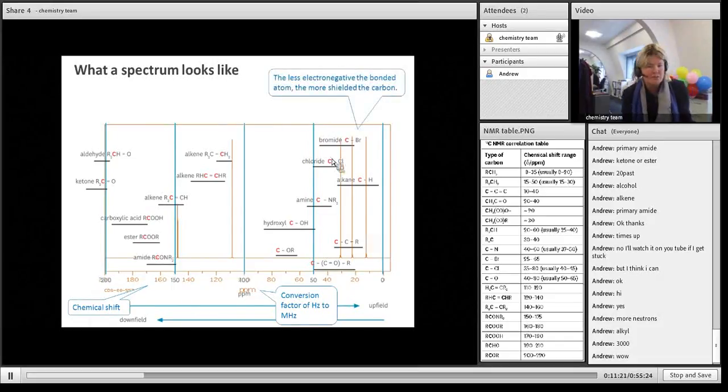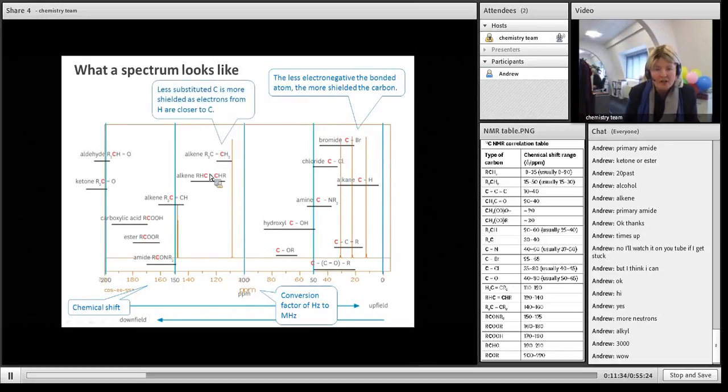But we'll do lots of practice, so don't worry about that. And then, as I've said, the less electronegative the atom, the more shielded the carbon. So if you've just got the hydrogen attached, it's more upfield. If you've got oxygens, it's more downfield. Also notice, if I have a carbon attached to a hydrogen, it's more upfield. As I said, the alkyls are 20 and lower.